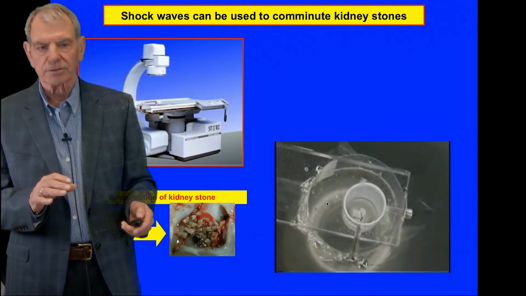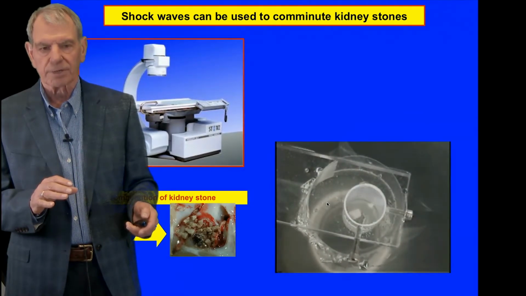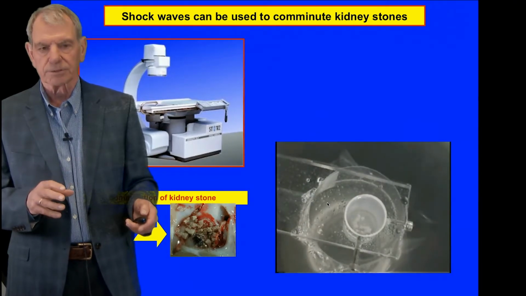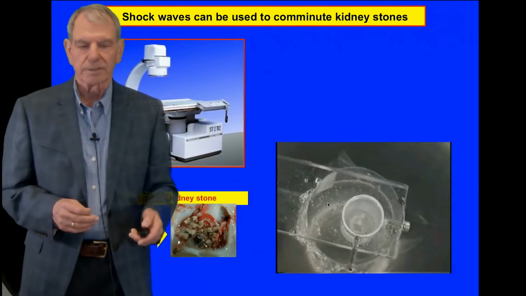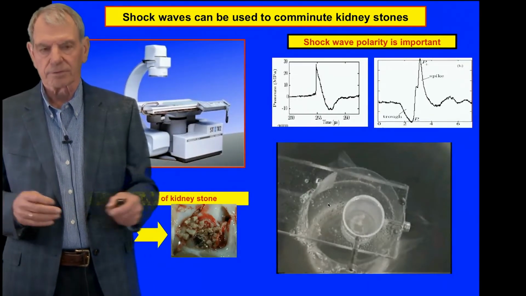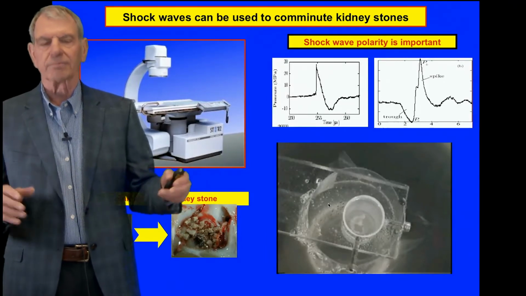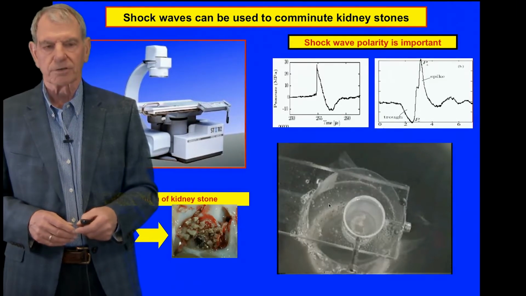And after about 100 shock waves, not very long from now, the stone is broken up into smaller pieces. And then after 3000, which is sort of the company recommended treatment, you get quite small stones.